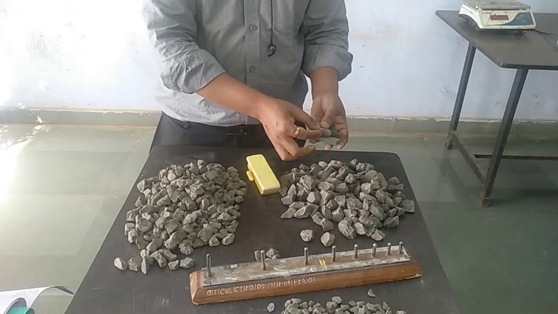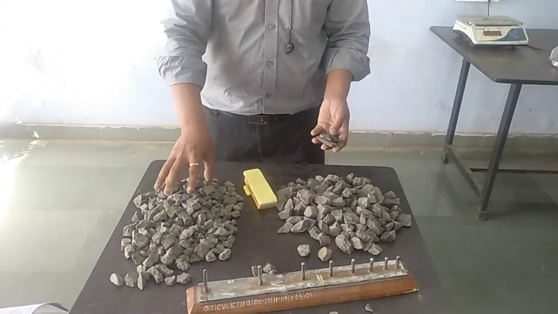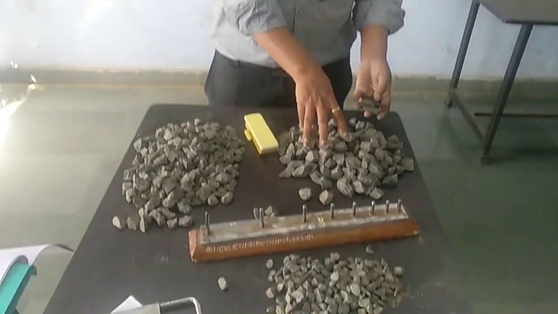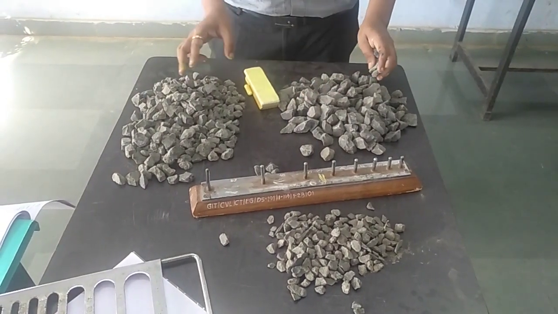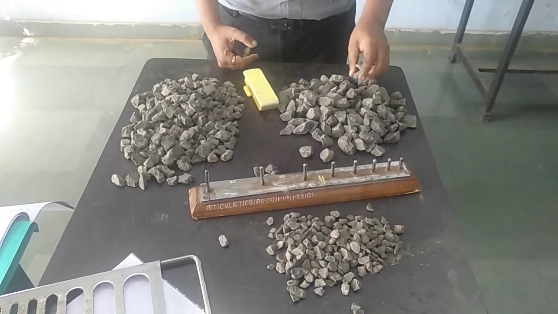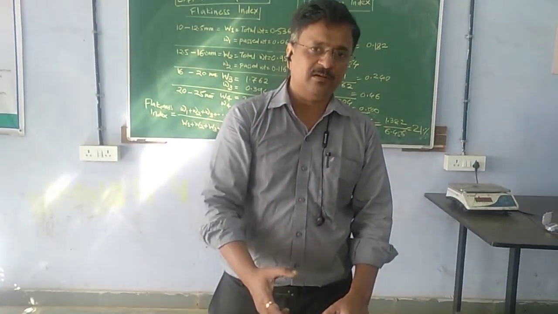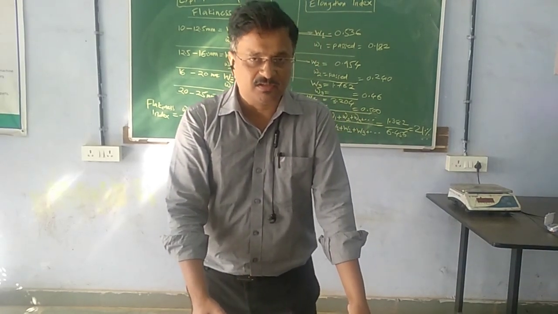So as a rule of thumb, there should not be more than 50% elongated particles and not more than 15% flaky particles, and the sum of the elongation index and flakiness index should not be more than 30% for bituminous and non-bituminous road construction.